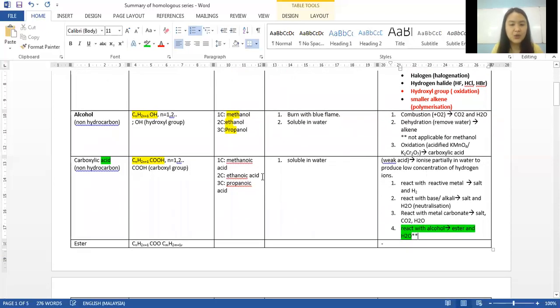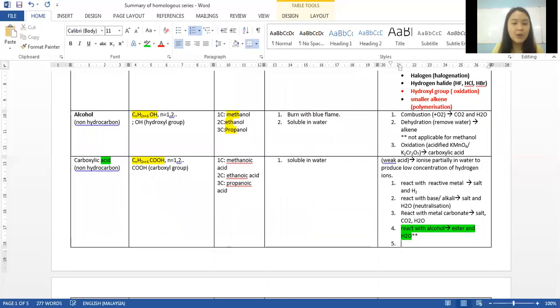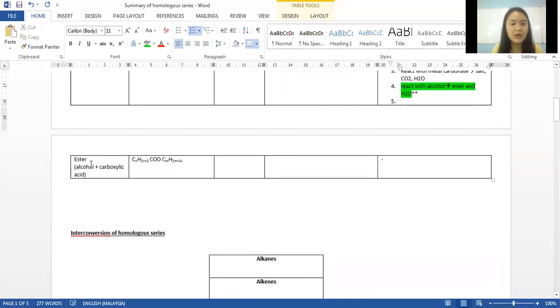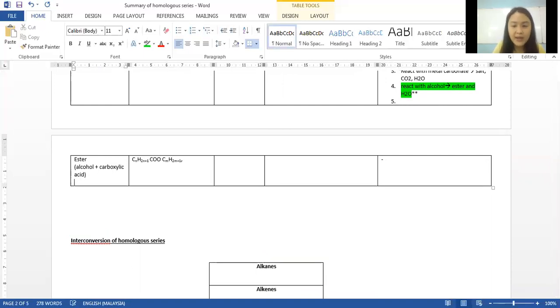All right, so we are done with this, and now we look into the last homologous series, which we call the ester. Esters are formed when alcohol reacts with carboxylic acid, and the process of formation of ester is called the esterification process. Now, due to the fact that ester is derived from both alcohol and carboxylic acid, its general formula is quite long.